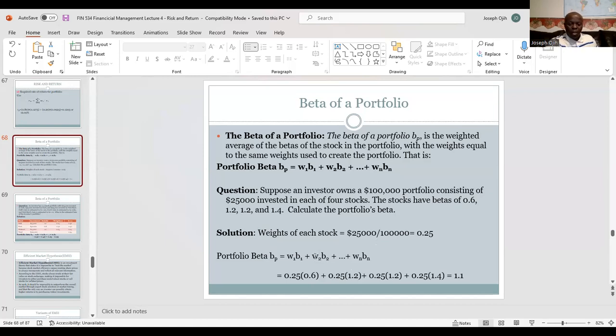We multiply each of these betas, 0.6, 1.2, 1.2, and 1.4, by the weight of 0.25. So 0.25 times 0.6 plus 0.25 times 1.2 plus 0.25 times 1.2 plus 0.25 times 1.4. When you multiply that in the calculator, it gives you 1.1. Let me make a check of that.